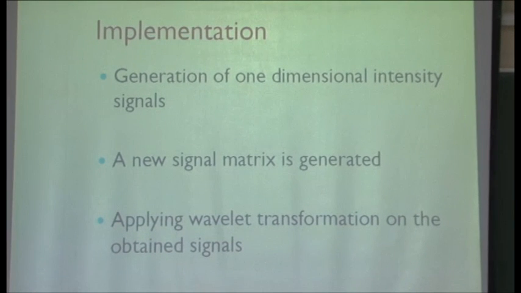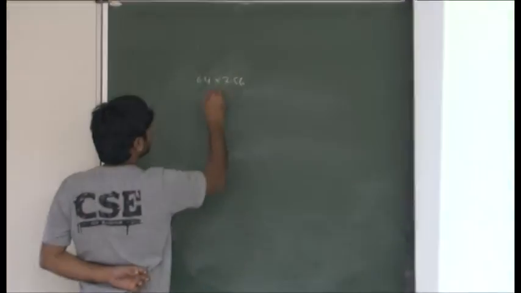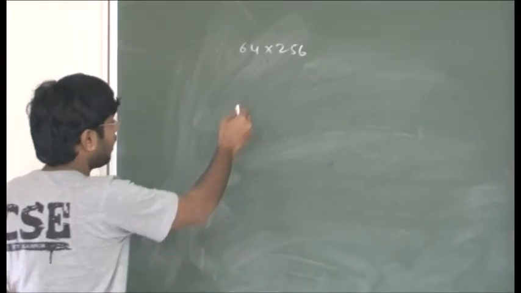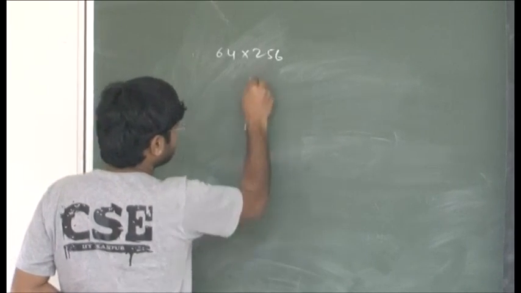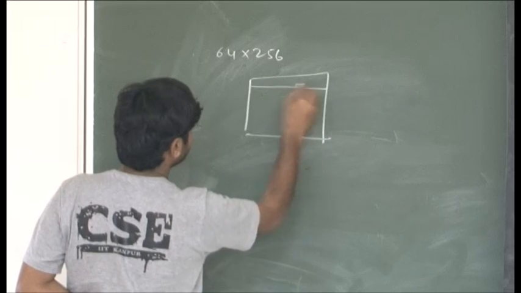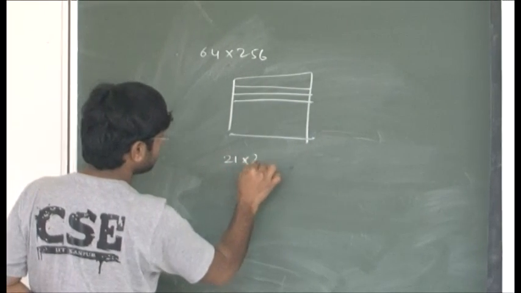I have applied the Wheeler transform on it. First, I was given a 64 cross 256 image. Of its 64 rows, I have clubbed 3 rows at a time, and I have generated a matrix of 21 cross 256.